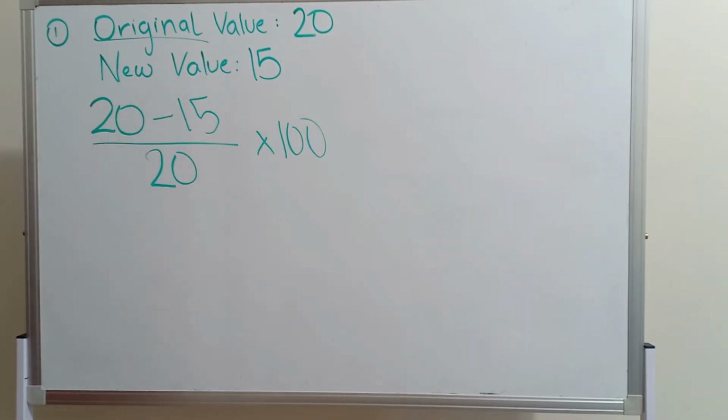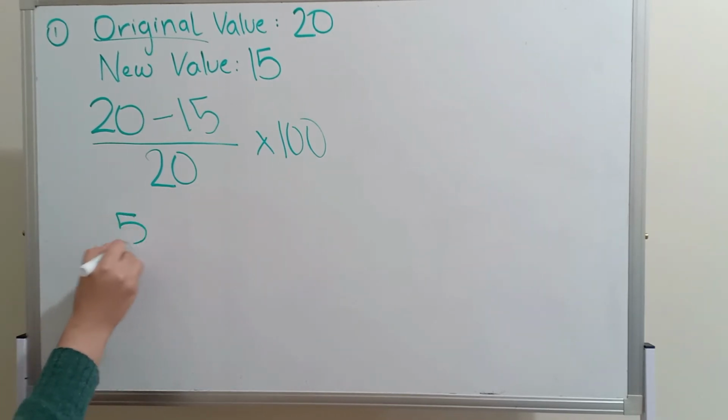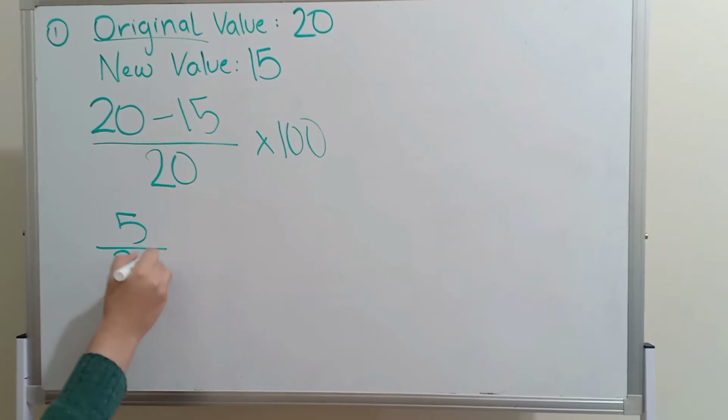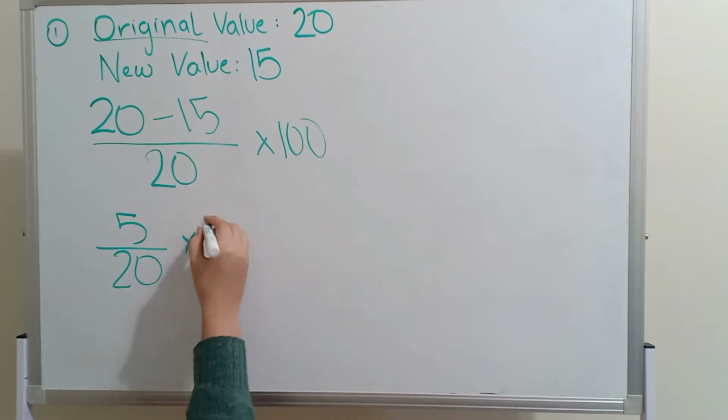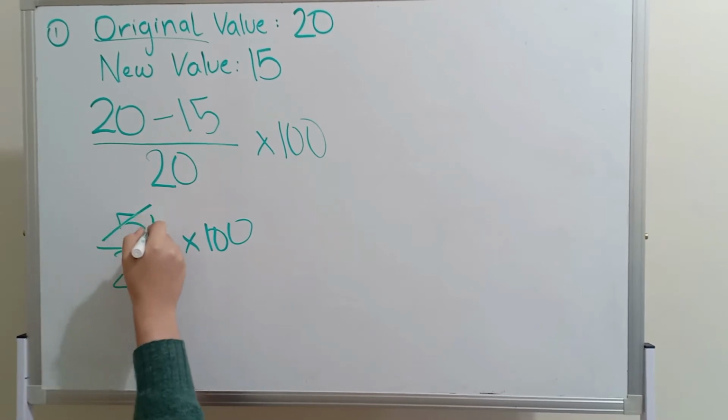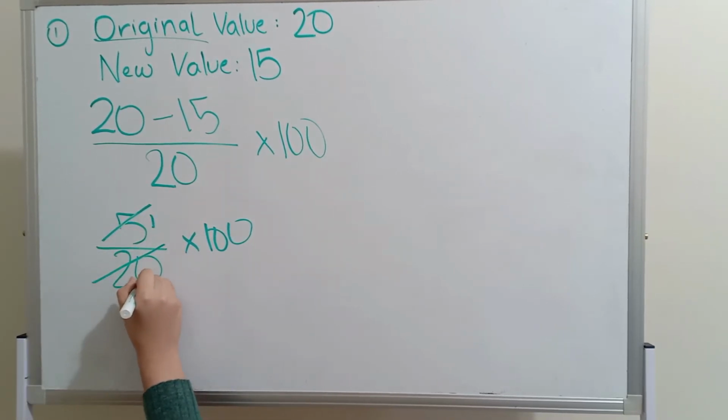So if we subtract 15 from 20, we will get 5 out of 20. And we will multiply it by 100. But let's first divide these. So 5 times 1 is 5. 5 times 4 is 20.